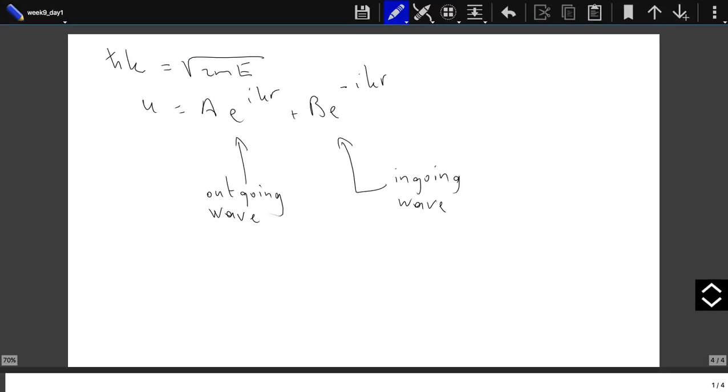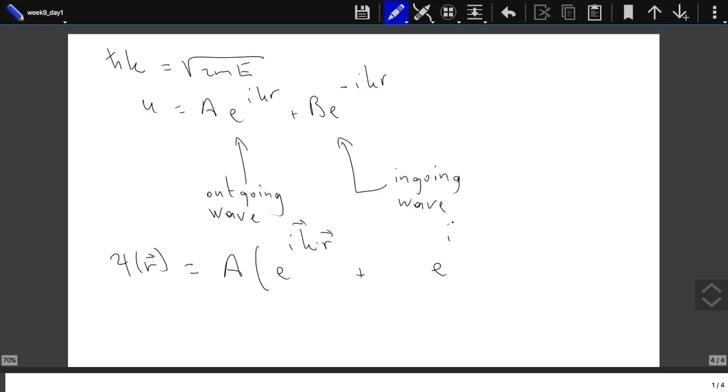Now this is the limiting form of my wave. Let me write my wave at a point very far away from my scattering center. I can have some normalization. There will be a plane wave part. This is the incident wave that I'm sending. Plus, there will be an outgoing spherical wave.